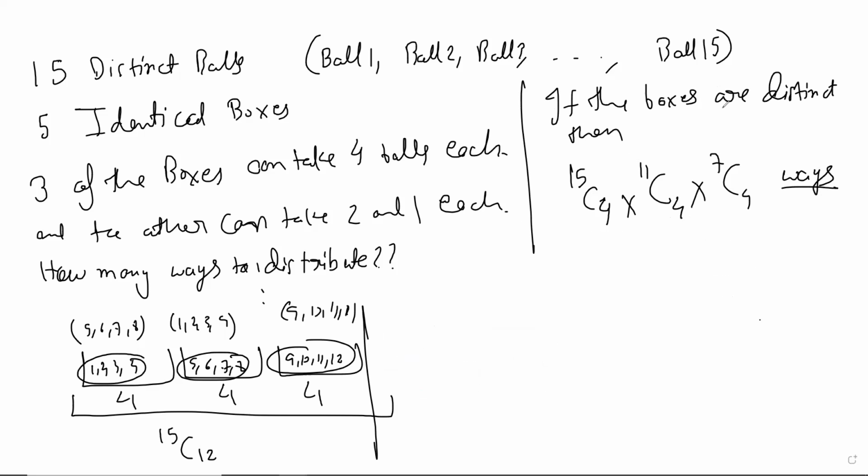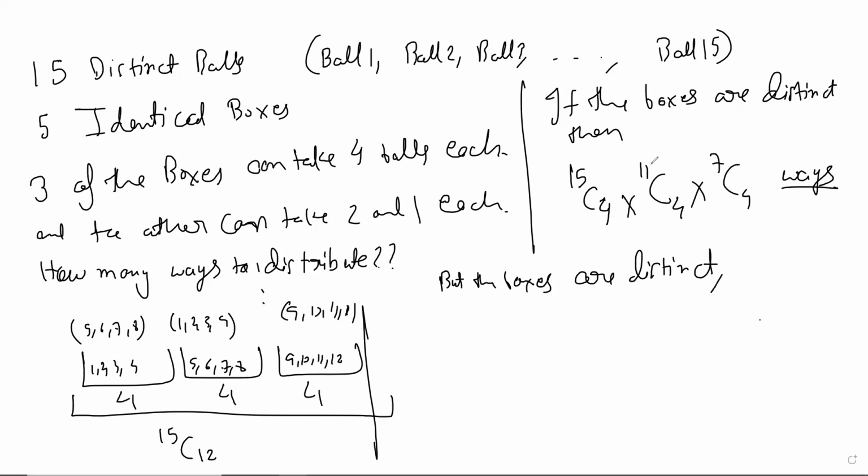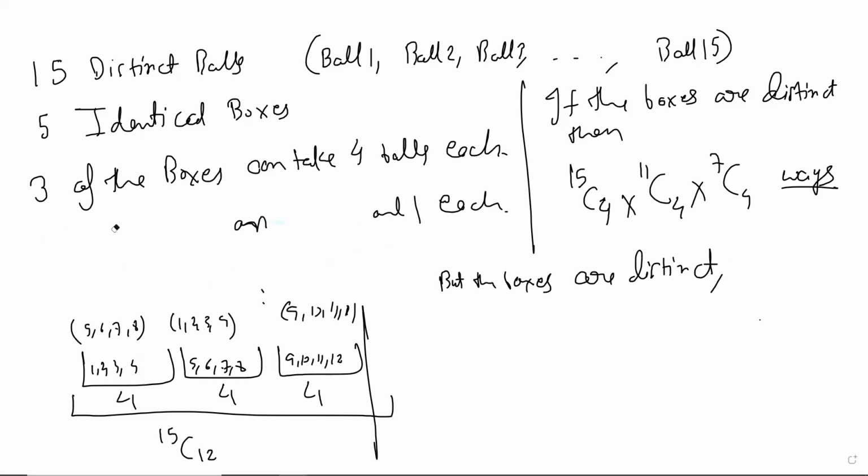Now, what happens when the boxes become distinct? The boxes we have are distinct. How does that affect the counting? Think. How can we relate these 2 things? If the boxes are distinct, then obviously there are more different countings.